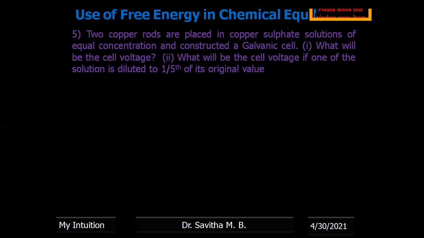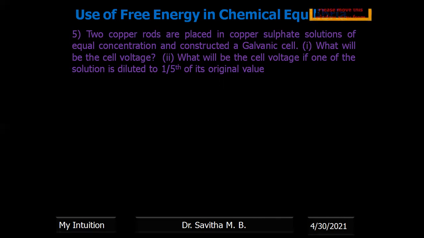In that type of question, the E cell will be given. The other type is to find the valency, the N value. Next is where the concentration in one compartment is 100 times higher than the other, or 5 times higher than the other, or like that. So that is the fourth type.